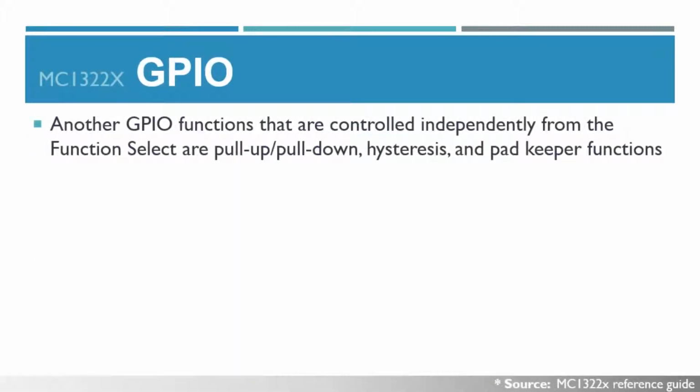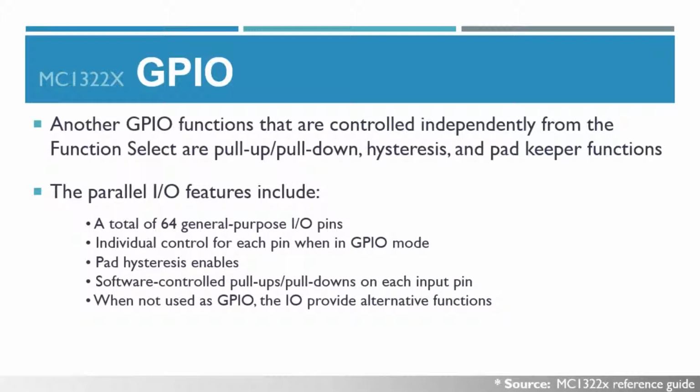Other GPIO functions that are controlled independently from the function select are the pull up and the pull down, the hysteresis, and the pad keeper functions. The parallel I/O features include a total of 64 general purpose I/O pins, individual control for each pin when in the GPIO mode, a pad hysteresis enable, and also software controlled pull up and pull downs on each pin.